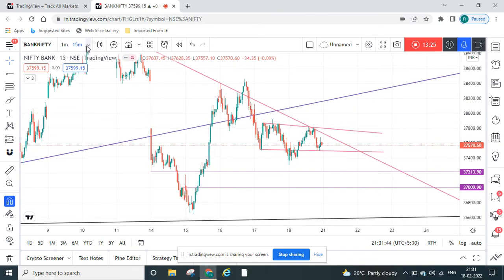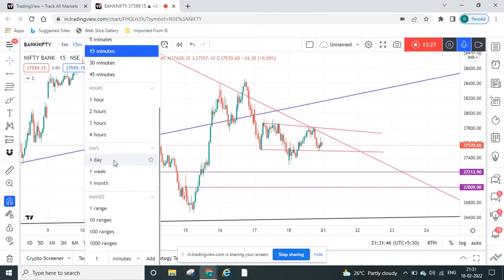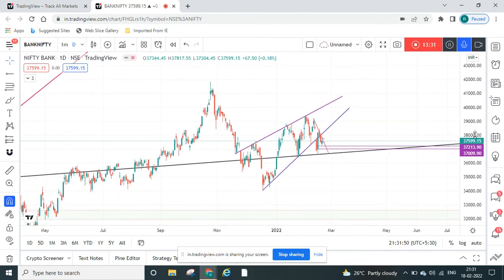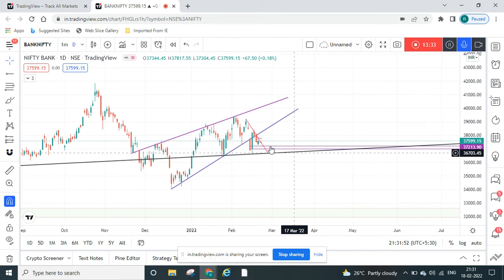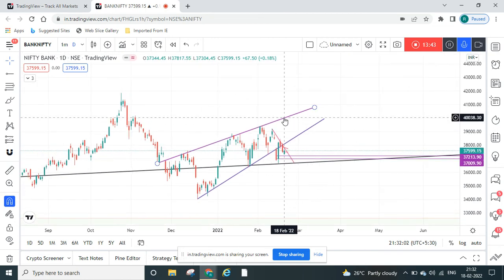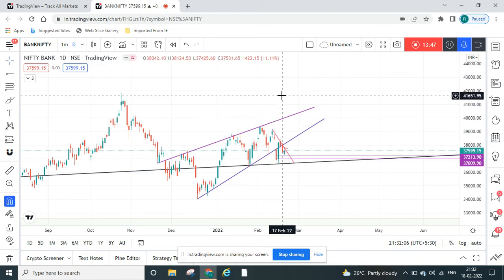And let me move on to the daily time frame to understand Bank Nifty. If there is any one day candle close above this level, Bank Nifty will be in an uptrend, guys, and on a further breakout of this resistance line, Bank Nifty will be super bullish.